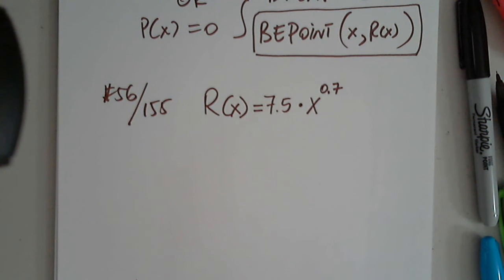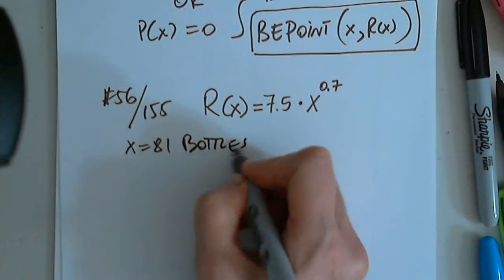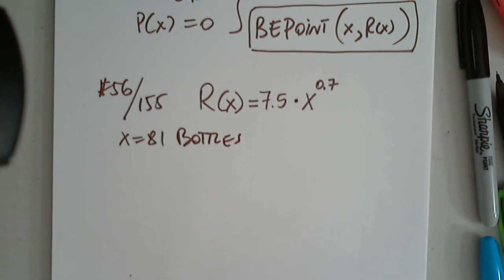Find the rate at which the average revenue is changing when 81 bottles of barbecue sauce have been produced and sold. So they're asking us to find, again, the rate at which average revenue is changing when the 81 bottles of barbecue are sold.